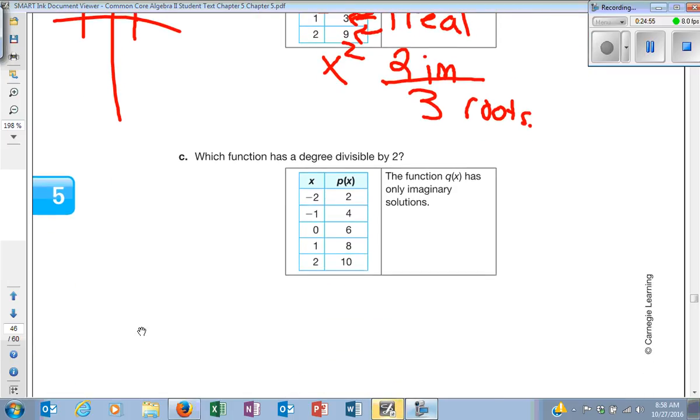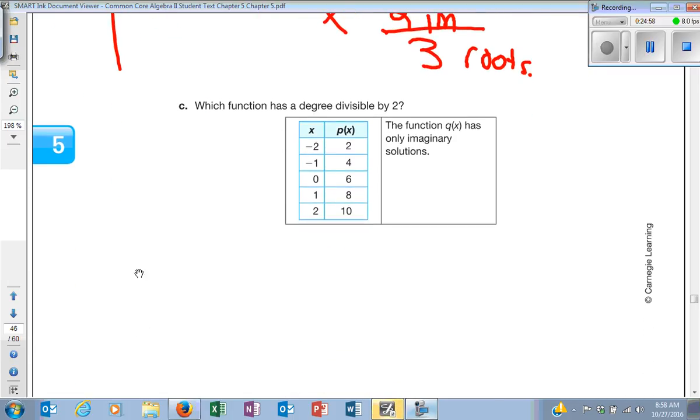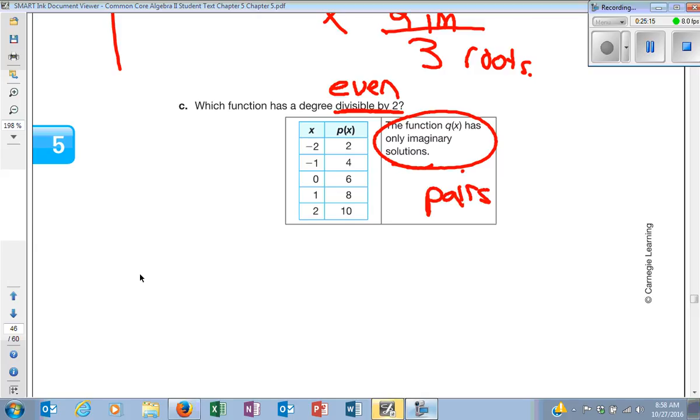Problem C, which function has a degree divisible by 2? If they tell me it's divisible by 2, I know it is an even function. That's basically what they're asking me. Since I know this function only has imaginary solutions, I know imaginary solutions have to come in pairs. Since they come in pairs, I know this guy has to be the even one.